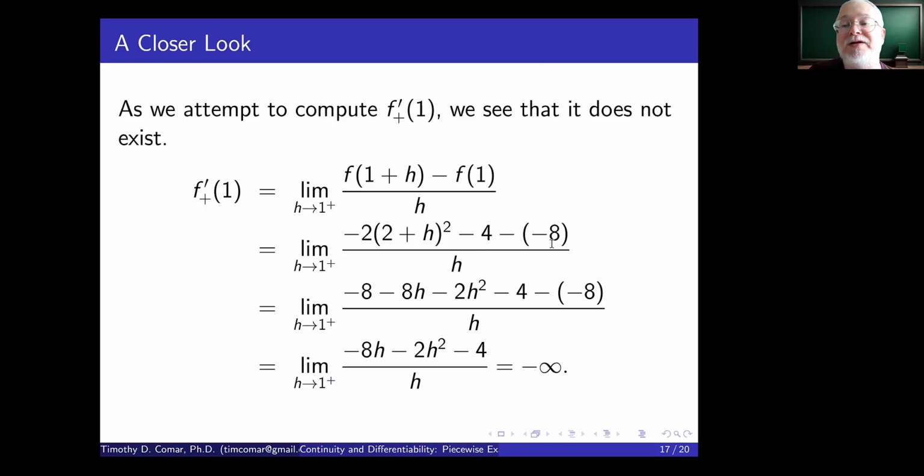But the function value is still -8 at 1. So we simplify this a little bit, and we can pretty much see from this last expression down here that the right-hand limit does not exist. The values are going to be decreasing without bound. That's why we write -infinity here, which means that it doesn't exist.